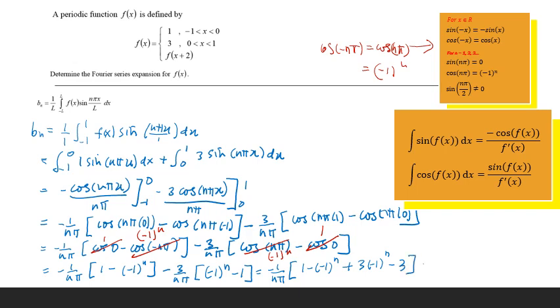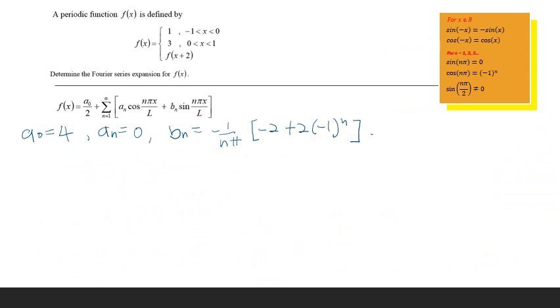Then we will get -1 over n pi, 1 minus 3 is -2, then minus 1 power n plus 3 times -1 power n, so we get plus 2 times -1 power n.